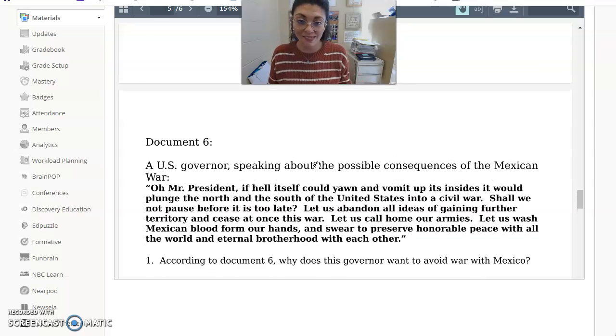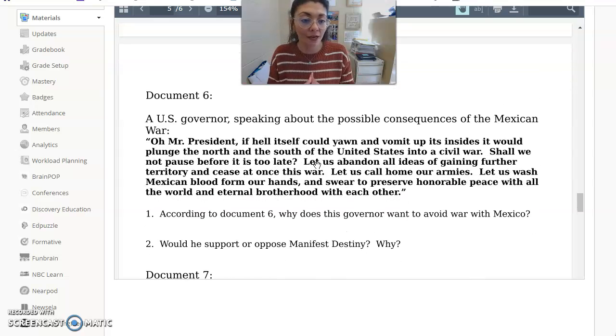And then document 6. Document 6 is one of the U.S.'s governors. He tries to sound an alarm. Ultimately, he warns of the possible consequences of this war with Mexico, that it could pull this nation that's already teetering on the edge of civil war because of the slave issue and the issues of states' rights.